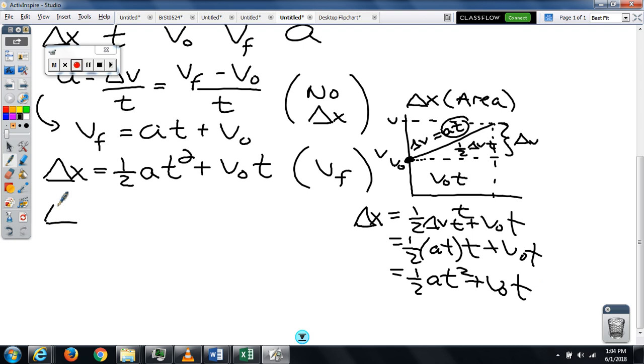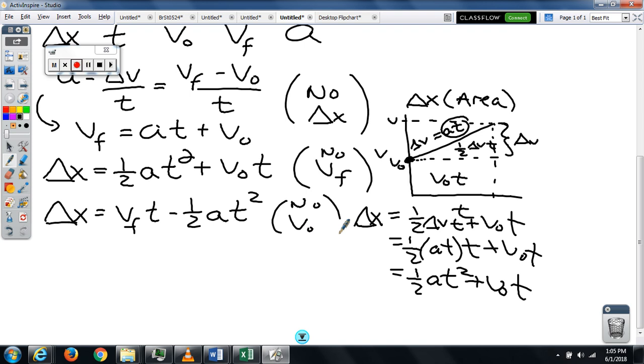The other equation was delta x equals v final times t minus 1/2 a t squared. And this one has no v initial. So that's saying that we don't know what this value is. But you do know what this velocity is. This is our v final.